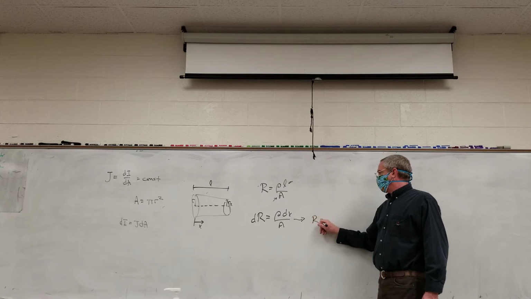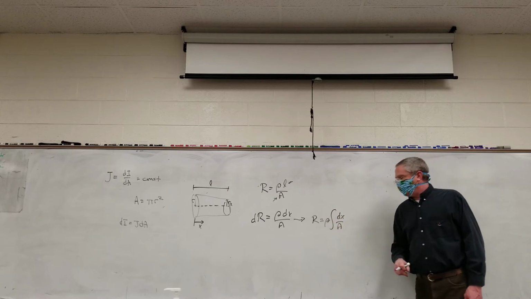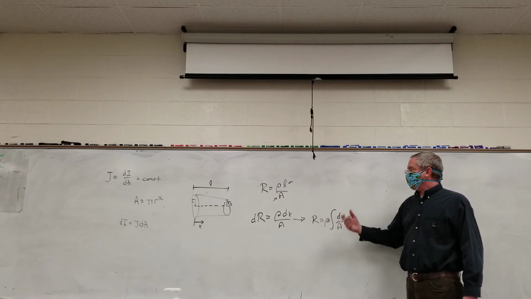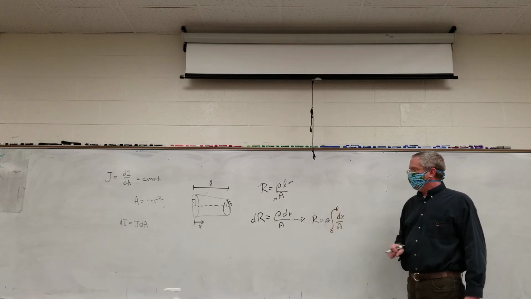So my resistance should be rho times the integral of dx over A. The big question is how A is a function of x as we move across, with x going from 0 to L.